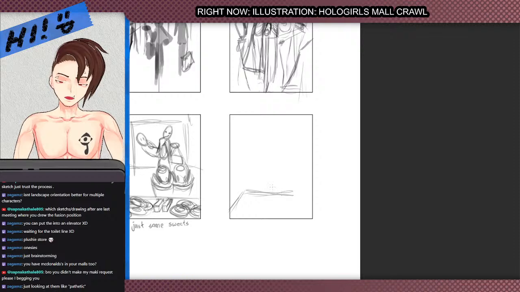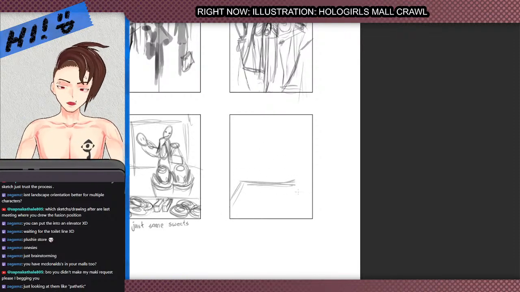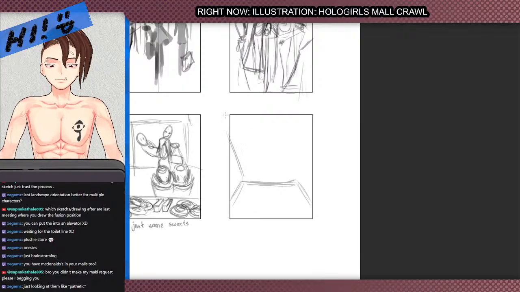So maybe a slightly higher point of view.